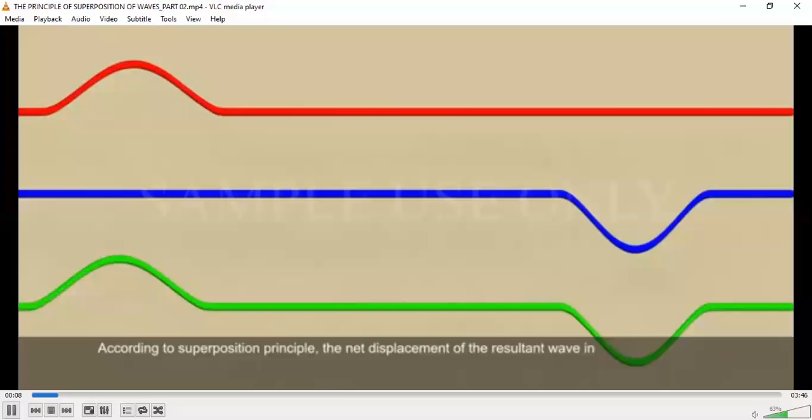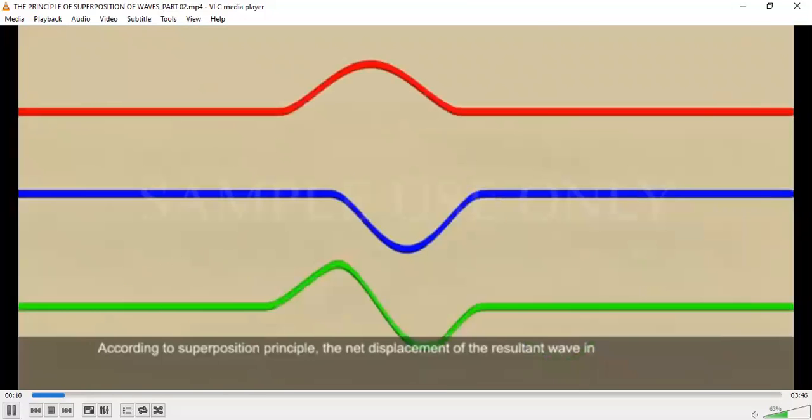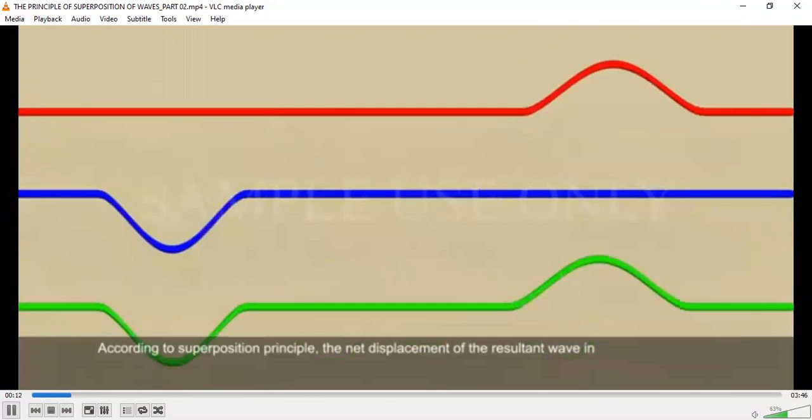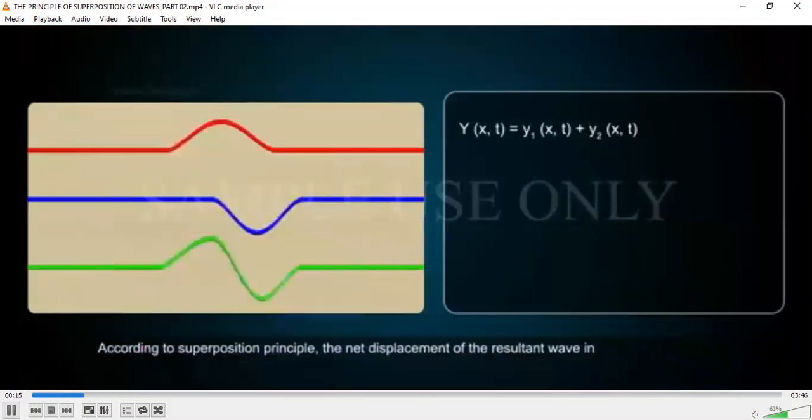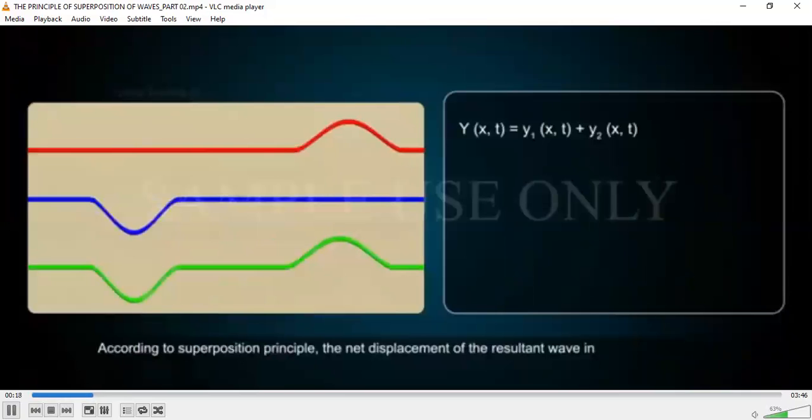According to the superposition principle, the net displacement of the resultant wave is y(x,t) equals y1(x,t) plus y2(x,t) equals r sin of omega t minus kx plus r sin of omega t minus kx plus phi.